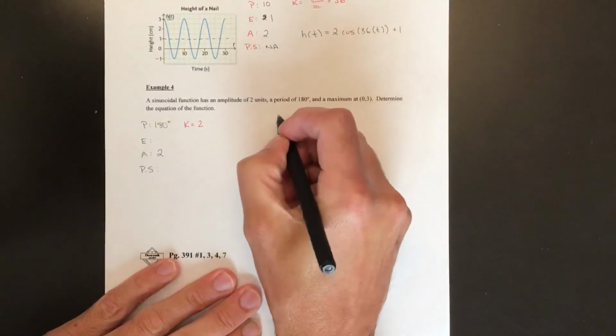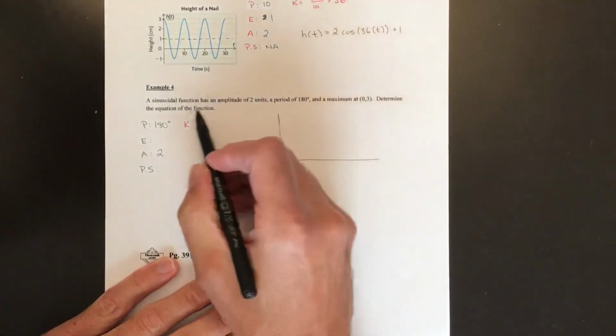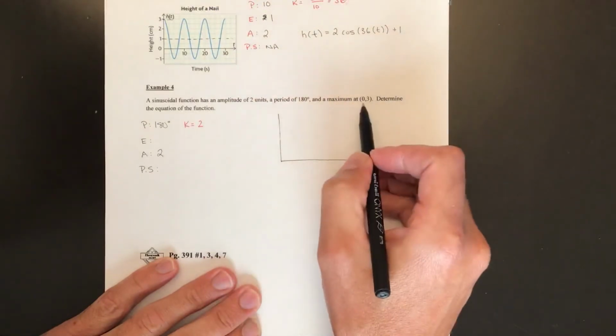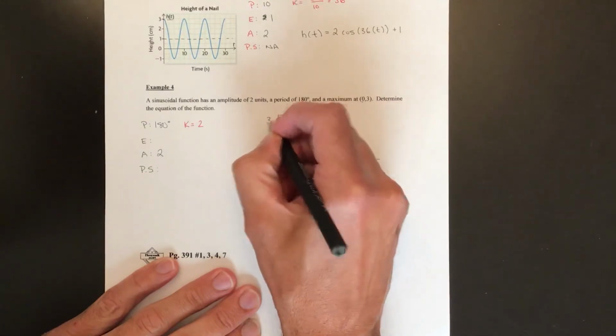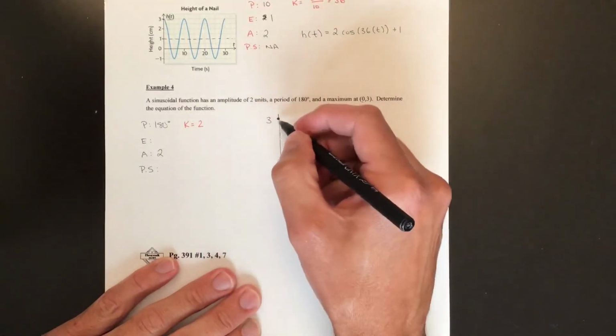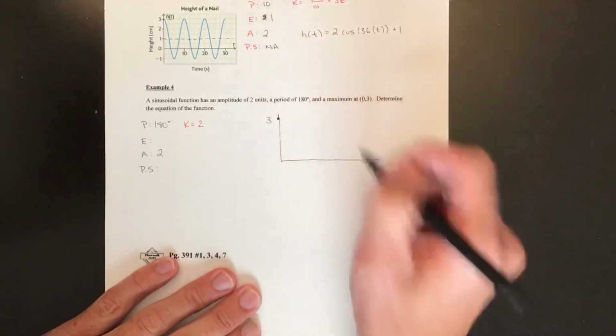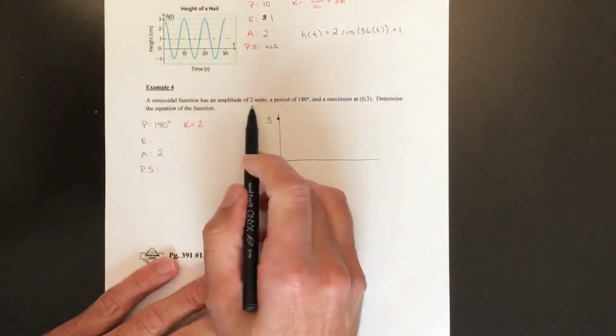So if we make a little sketch here of what this will look like, the function has a maximum at 0,3, so x value of 0, y value of 3. So let's say we're here. That's the maximum point. Then it kind of comes down and goes up, and so on. Now we have an amplitude of 2.